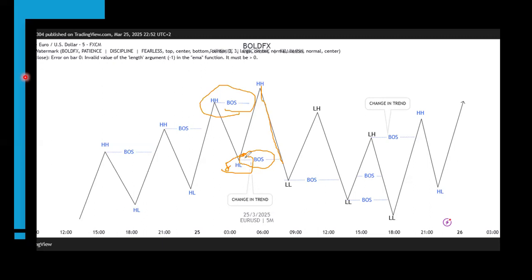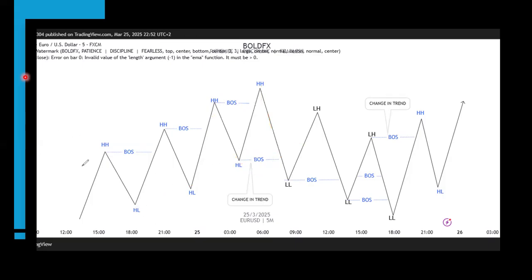So after a break of a strong swing structure, a new strong structure is being formed, or a new trend is being formed, right? So as you can see right here, price has printed a series of higher highs.